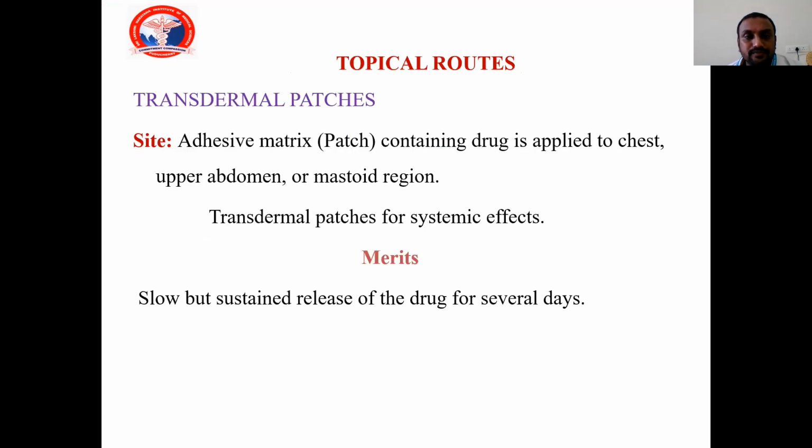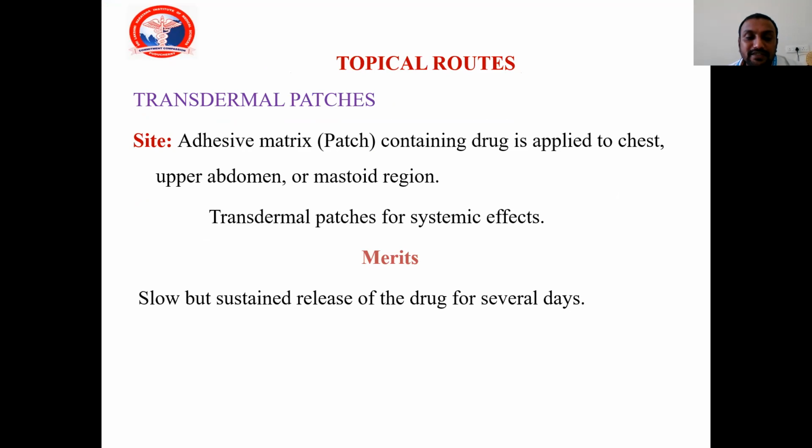Topical routes, transdermal patches. The site here is an adhesion matrix. A patch containing the drug is applied to the chest region, upper abdominal or mastoid region. These are the common regions where transdermal patches are used. The transdermal patches are mainly intended for systemic effects.